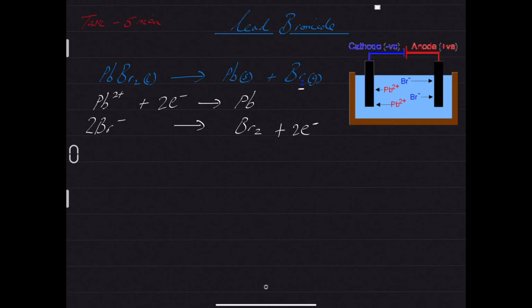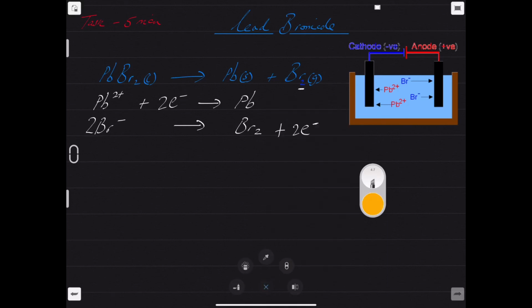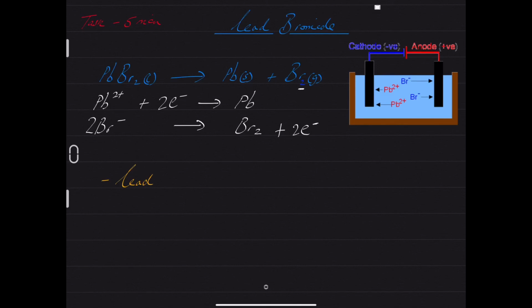Now, what is happening in terms of oxidation and reduction? How can we say what is happening? So let's tackle the lead first. Lead ions gain electrons, therefore this is a reduction reaction.